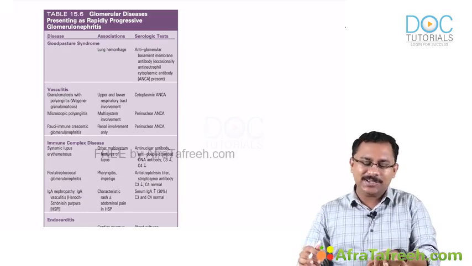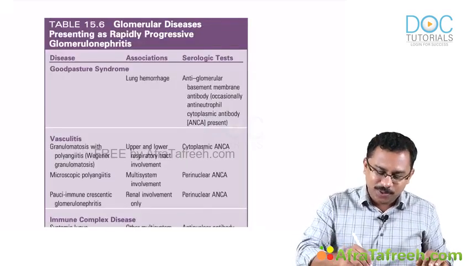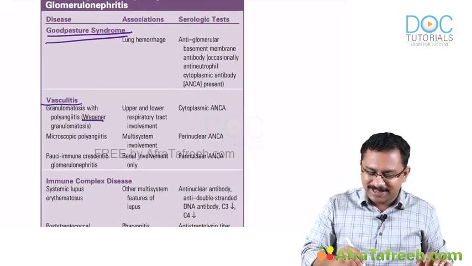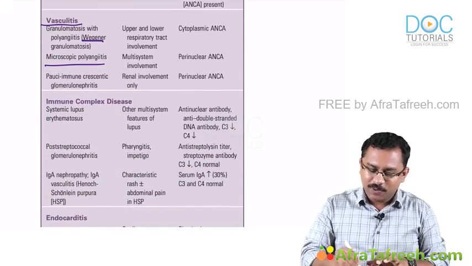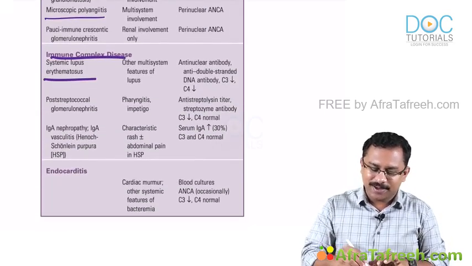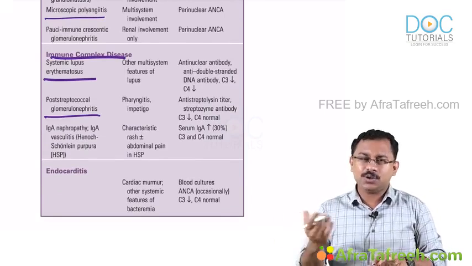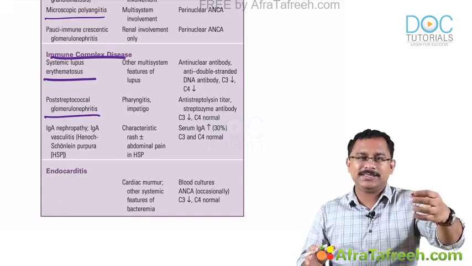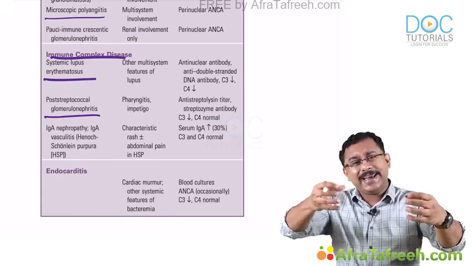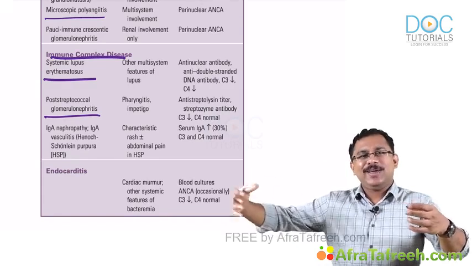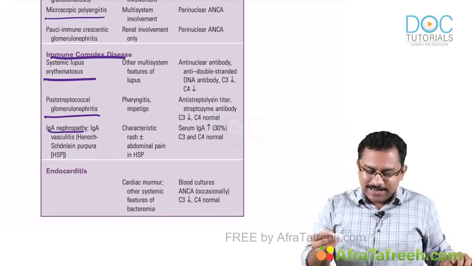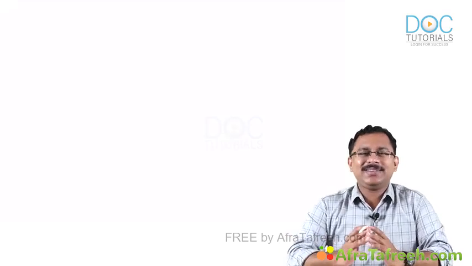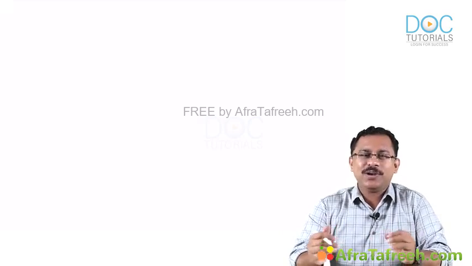But for the time being, understand Goodpasture's, vasculitis like Wegener's, microscopic polyangiitis, immune complex disorders like SLE, sometimes HSP, and also post-streptococcal. You might have a PSGN with a nephritic picture, but certain times, rarely it can progress rapidly also, where it will be a rapidly progressive glomerulonephritis, IgA nephropathy. So we will see the individual disorders later, but that is about rapidly progressive glomerulonephritis.